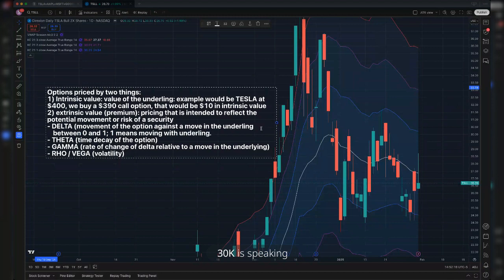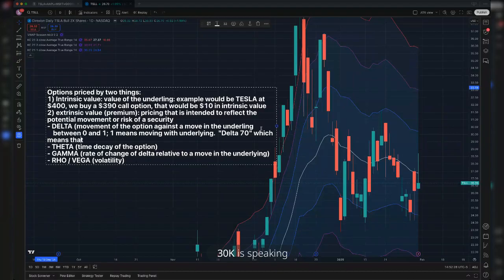When you buy an at the money option, this typically tends to be what's called a delta 70, which means that the option will move at 0.70 of the underlying.